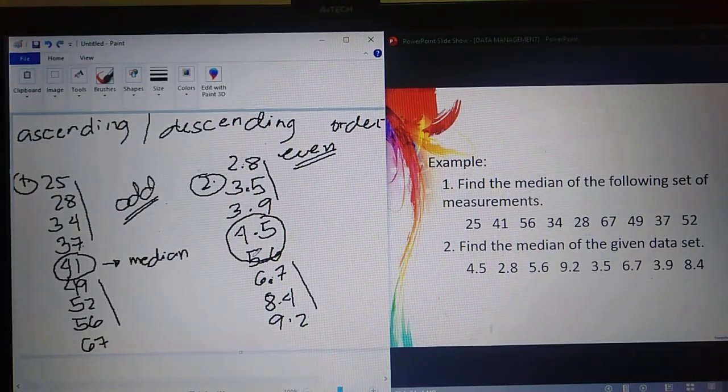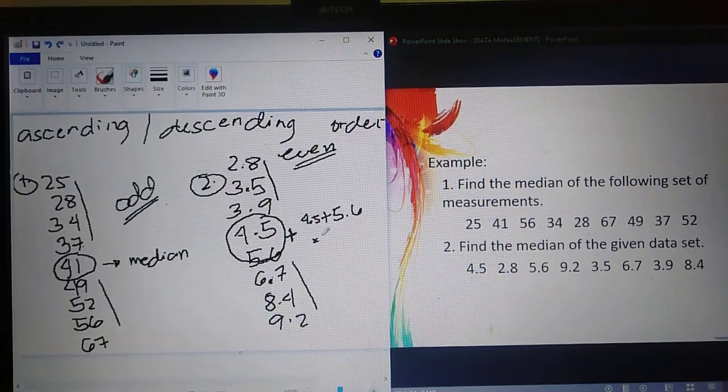We have 4.5 and 5.6. Ang gawin mo dito, you need to add the 2. And then, i-divide mo by 2. So, 4.5 plus 5.6. I-add mo yung dalawang yan, ha? 4.5 plus 5.6 is equal to what?